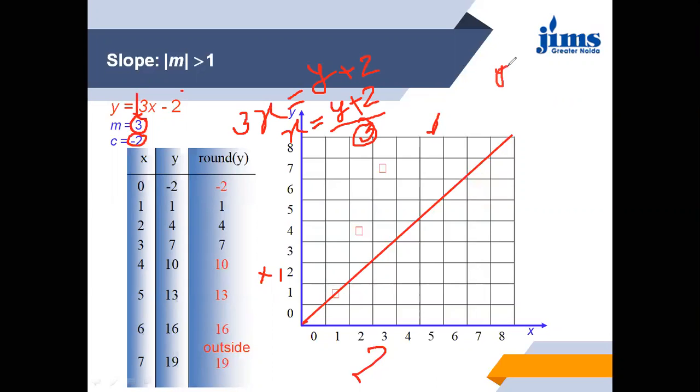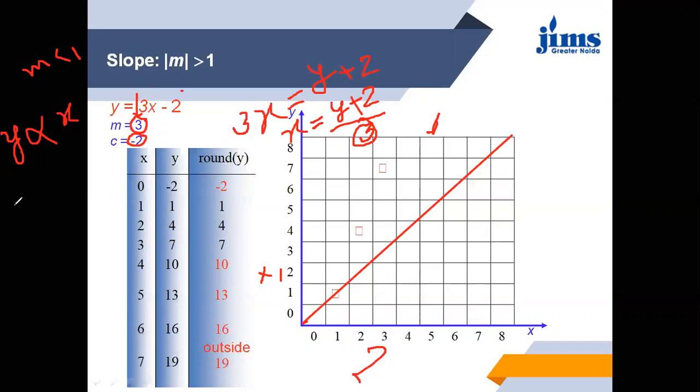When the value of m was less than 1, then the value of y was proportional to x.